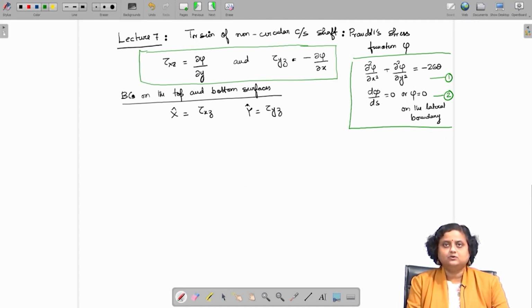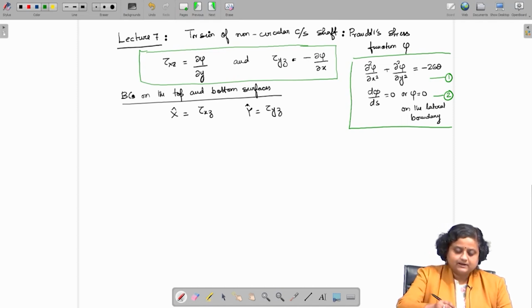Now, we know that the top and bottom surfaces of the cross section are also force free, and the only moment or force acting on the shaft is a torsional moment Mt. So, now we have to prove that the resultant of x hat and y hat on the top and bottom surfaces are 0. For a circular cross section shaft, it was pretty straightforward and obvious because of the symmetry of the cross section.